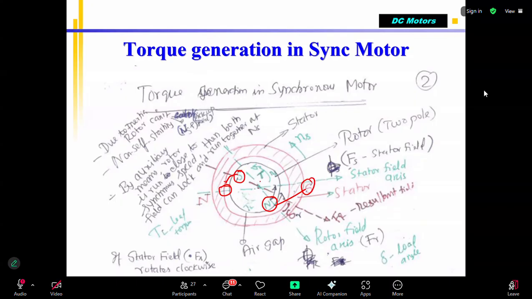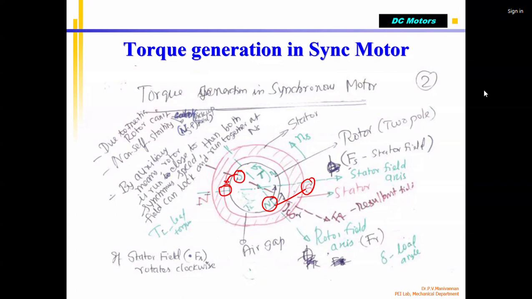The rotor is on a shaft with bearings, and because of the magnetic pull created by these two windings, north and south pole, since opposites attract, the rotor will try to align. This south pole should come here, because the north pole is already fixed, so they get locked. Similarly, this north pole should come here, and this will get locked.